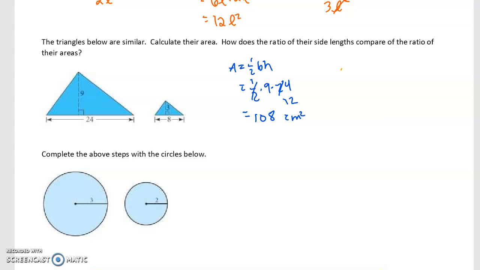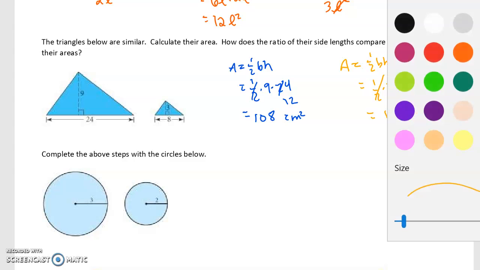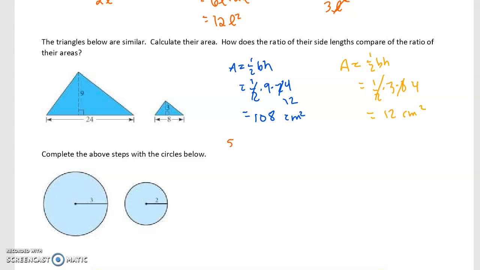The smaller triangle has an area of 1/2 times 3 times 8, which is 12 square centimeters. So the ratio of their sides, big to small: the ratio of 9:3 is a 3:1 ratio, or 24:8 is also 3:1.